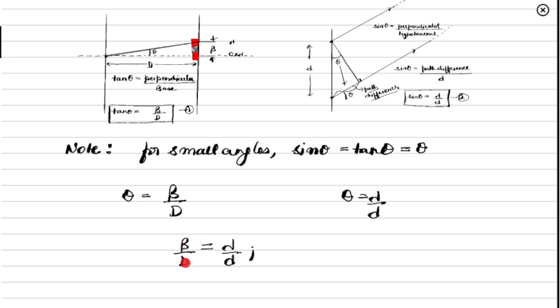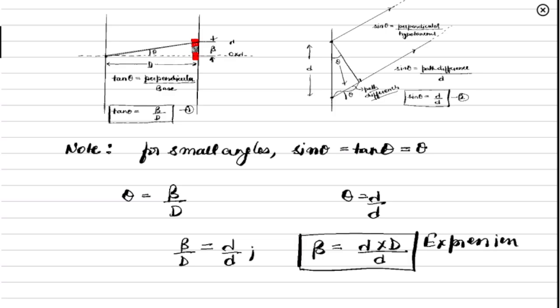So now I can say beta, because we wanted the fringe width, will be equal to lambda, the wavelength we are shining, multiplied by capital D, the distance between the slit and the screen, and divided by d, so it is inversely proportional to the slit separation. That much is the expression. This is the expression which we were looking for: the expression for fringe width. Fringe width in which experiment? Young's double slit experiment. Thank you very much.